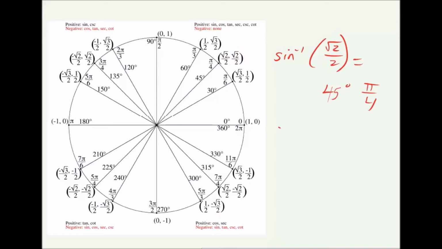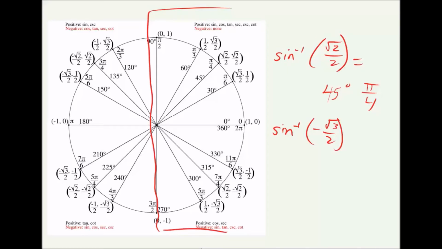Now let's say, for example, you were trying to find the arcsine of negative radical 3 over 2. Once again, when you're looking for arcsine or arctangent, you're only looking on this side of the unit circle. So negative square root 3 over 2. Since sine is talking about the y-coordinate, we would find it here at what looks like 300 degrees.